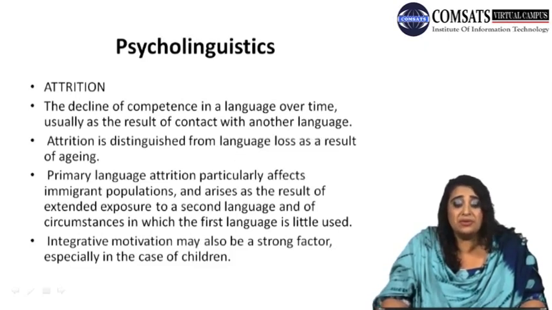Primary language attrition particularly affects immigrant populations and arises as the result of extended exposure to a second language and of circumstances in which the first language is little used.